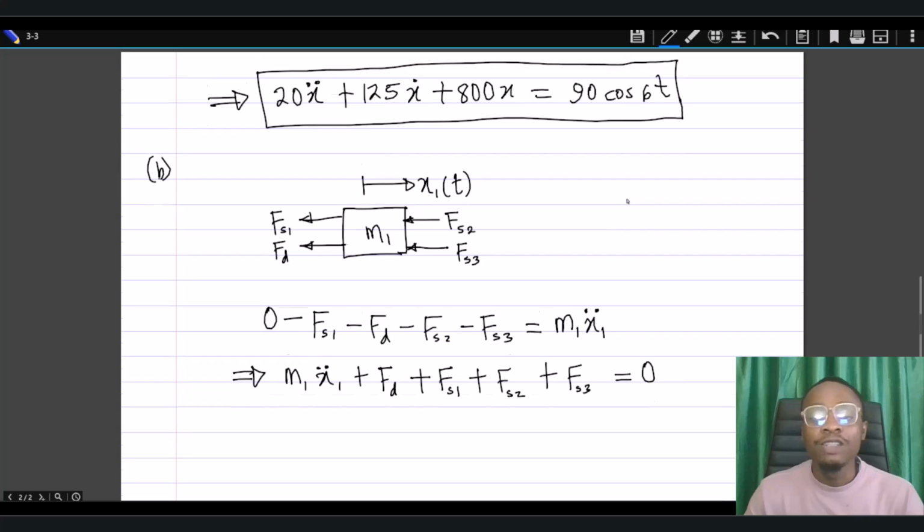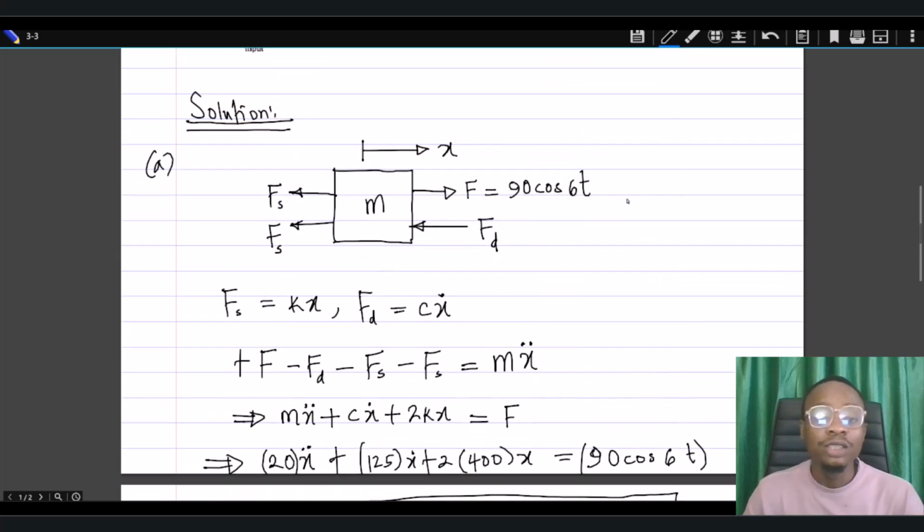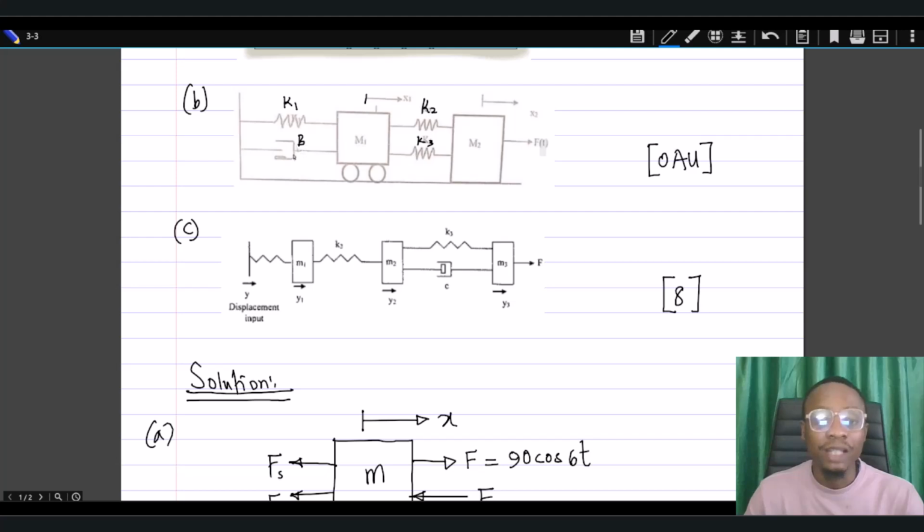So what will Fd be? We know the coefficient of damping here is b, so this should be b times the position dot. If the mass M1 has displacement x1, then how does that affect the length across this damper? It will also change the length across this damper by x1.